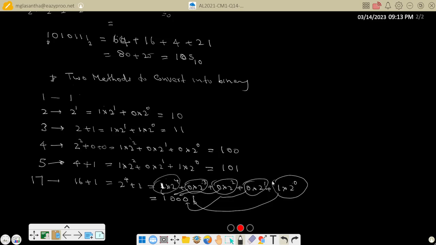No, sir. I'm saying, 1 raised to 2 raised to 4, from where will we get that? It is 2 to the 4 equals 1 into 2 to the 4. Same thing. So that gives me 16. So 1 is equal to 1 into 2 to the power of 0. 2 to the power of 0 is 1.